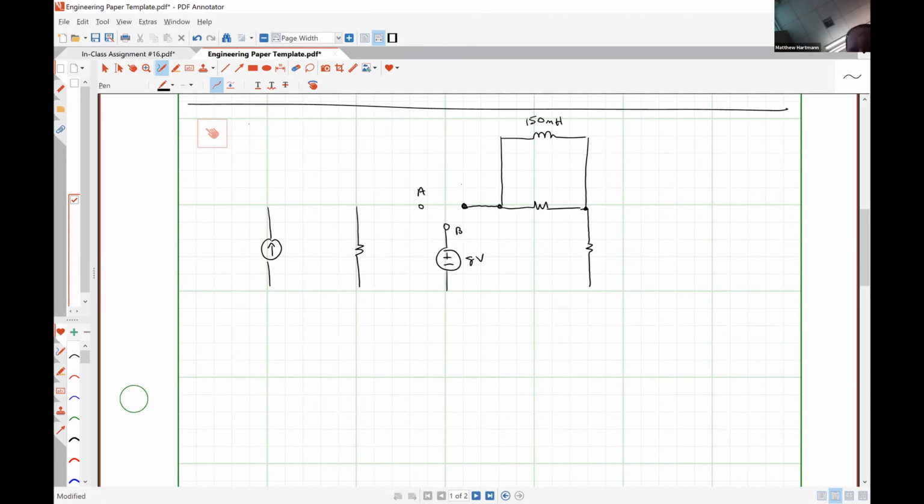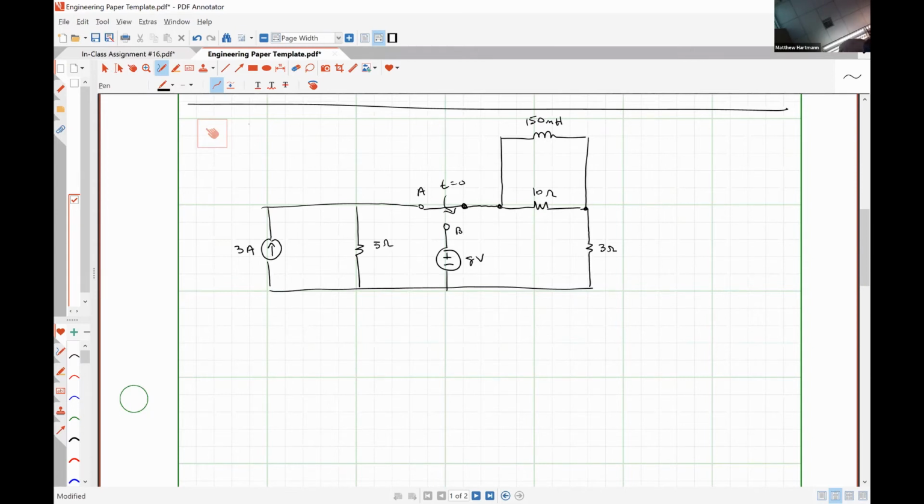A, this is B. So the switch is at A before closing, at B at t equal to 0. 5 ohms, 10 ohms, 3 ohms. And this is 3 amps. All right. So this is our circuit.